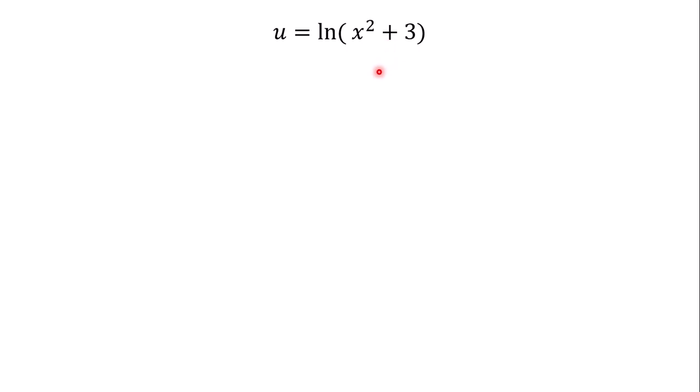Then u will be equal to natural log of m. Then you differentiate, and later you multiply the two answers together. Multiplying those two answers together reflects the application of the chain rule. That is why I said initially that the approach we will be using will indirectly reflect the chain rule.